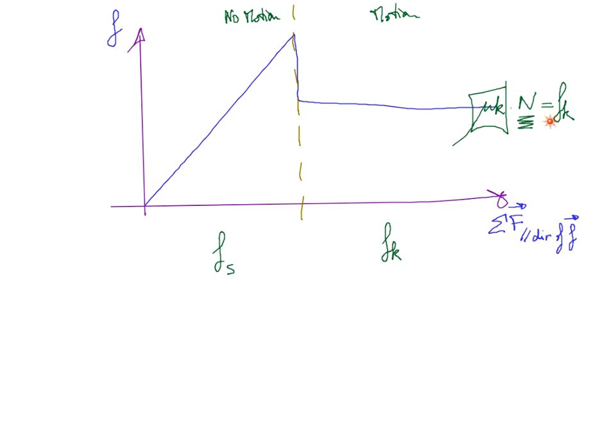Excellent, opposite. Perfect. That's how we define Fk. Fk has a magnitude of mu k times n, constant. And its direction is opposite to the direction of motion. That's how we define Fk. Make sure you write that down in your notes.